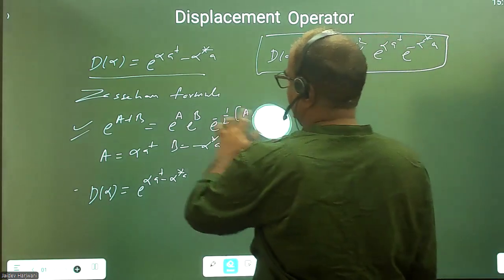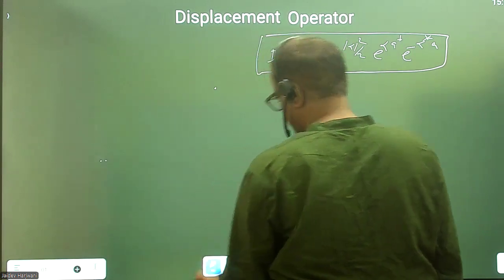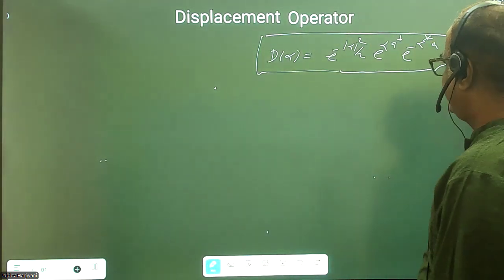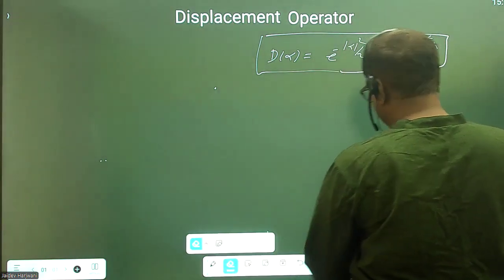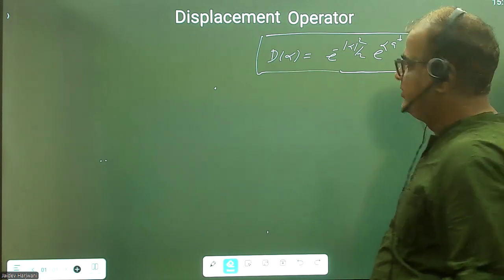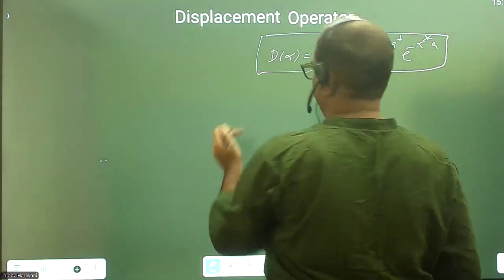Now I can show with this displacement operator that coherent states are the eigenstates of the annihilation operator.